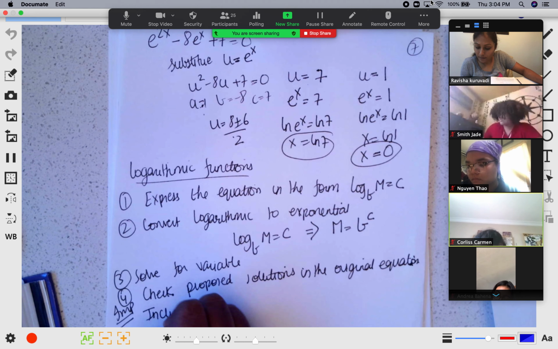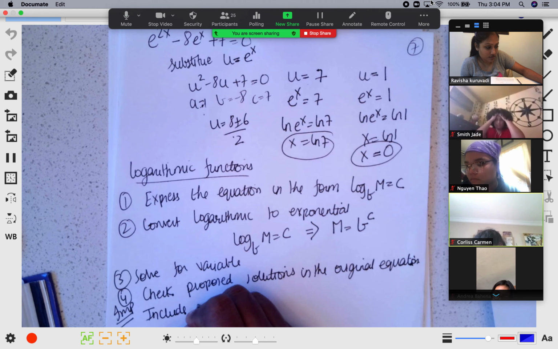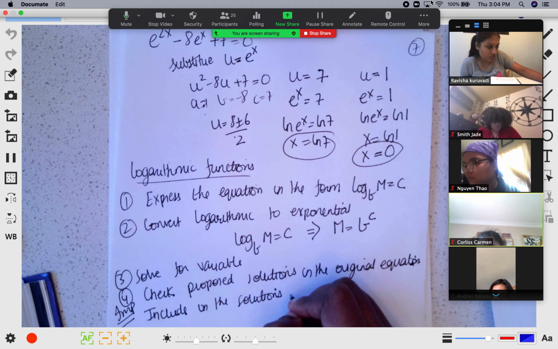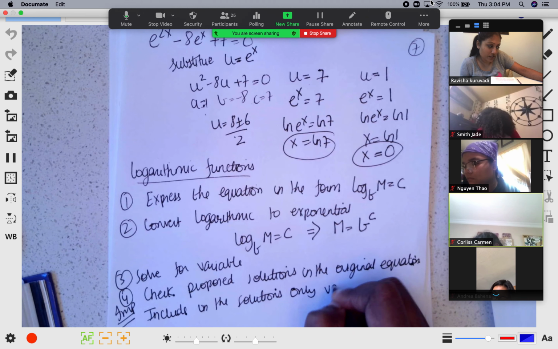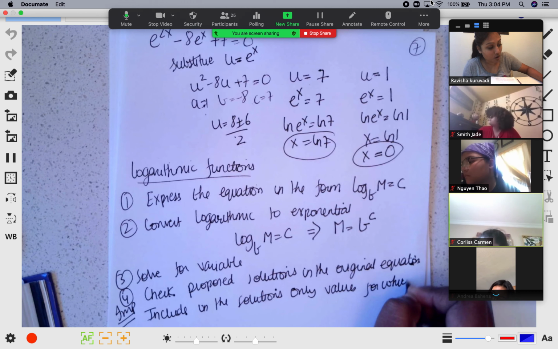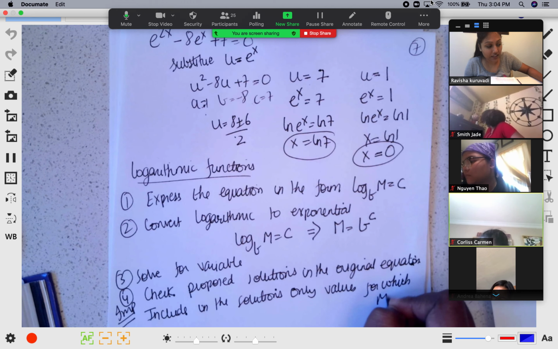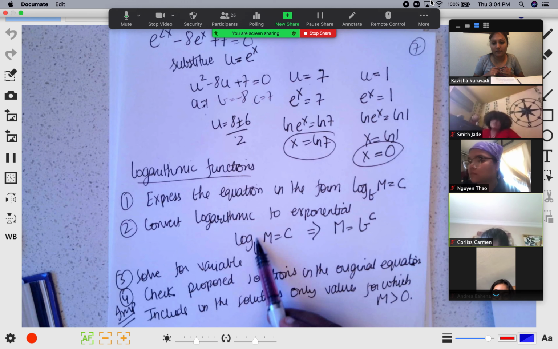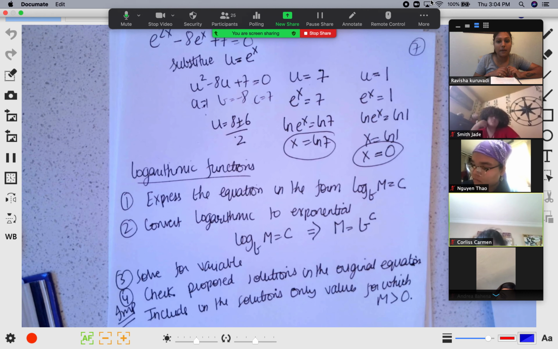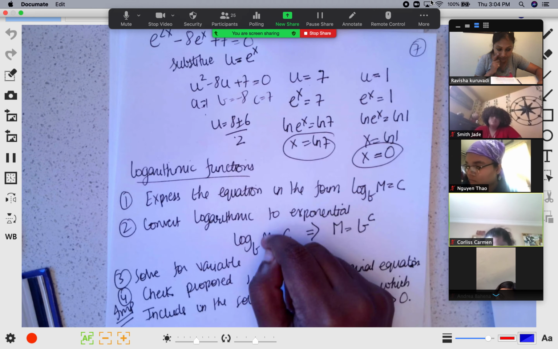Include in the solutions only values for which m is greater than 0. So basically, the argument of your log should always be positive. You will look for values which make this m positive.